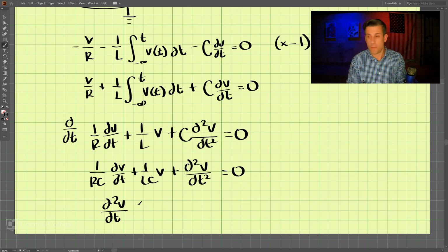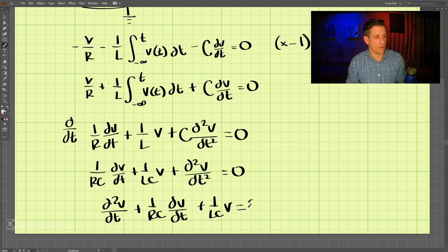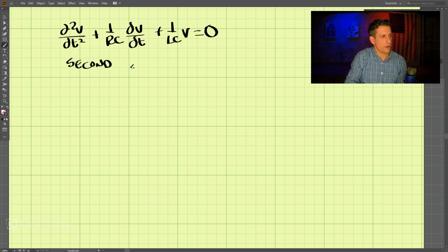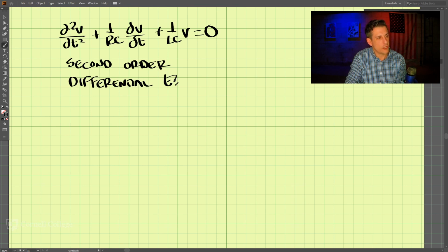We get d squared V dt squared plus 1 over RC dV dt plus 1 over LC V equals 0. Now let's not forget this squared term here. Now this is a second order differential equation.